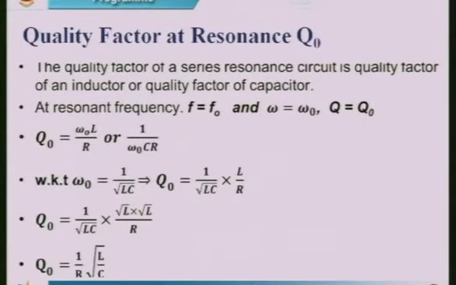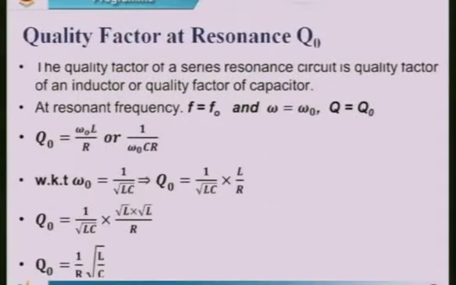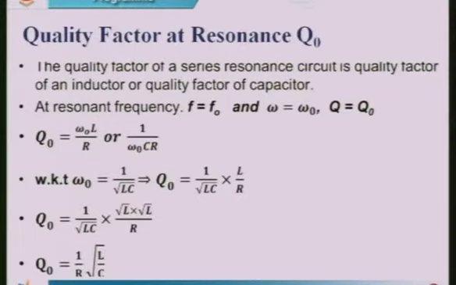Now we are going to check. This is the quality factor of the capacitance. We are going to check at resonance what is the quality factor. As I define, anytime the term resonance comes, we can just substitute that at resonance f equal to f naught and omega is equal to omega naught and q is represented by q naught. So what is the q here?